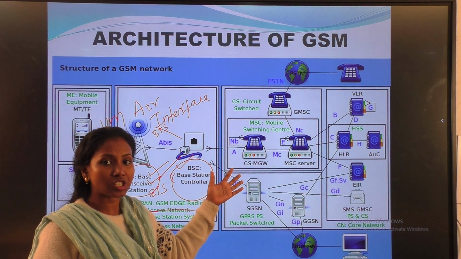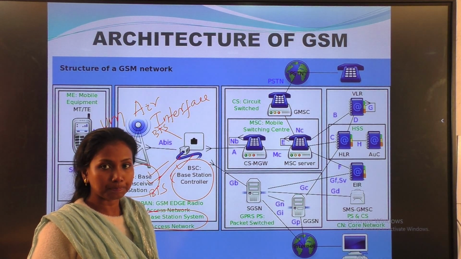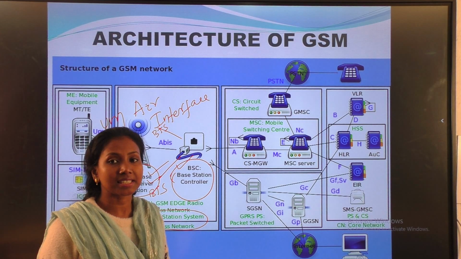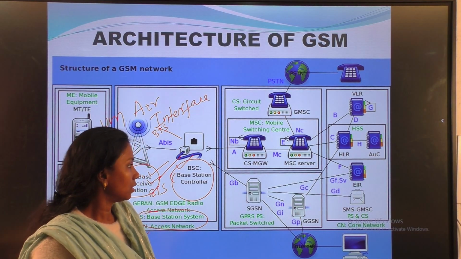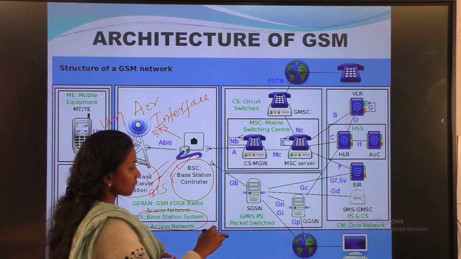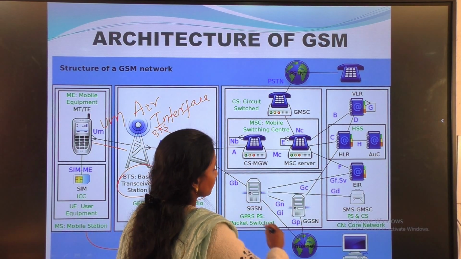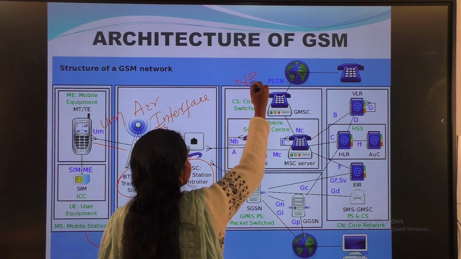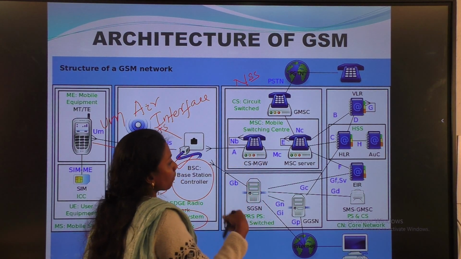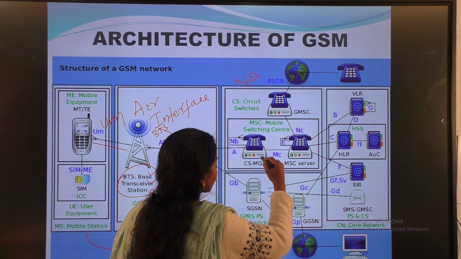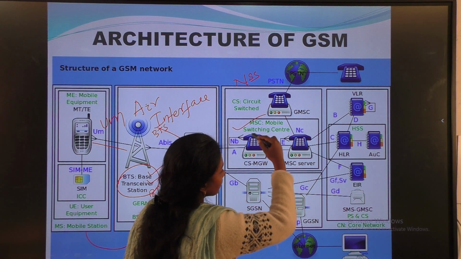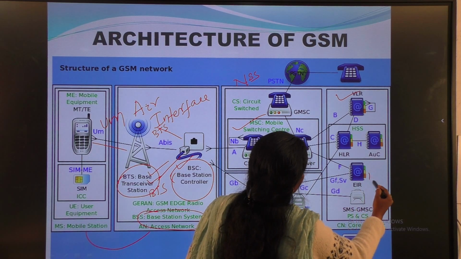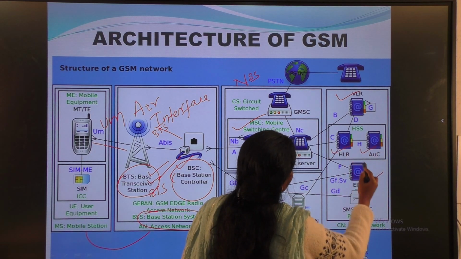Circuit switch is used when you are putting any call, and packet switch whenever you are accessing the data service. And you see that this is the core network subsystem. Okay, this is the network subsystem, which has the main component, that is your MSC, and it is connected with various types of registers, that is VLR, EIR, AUC, HLR.